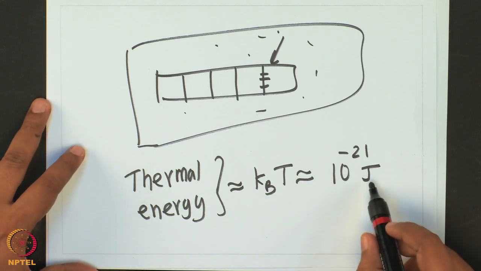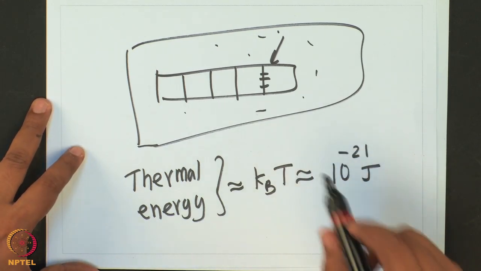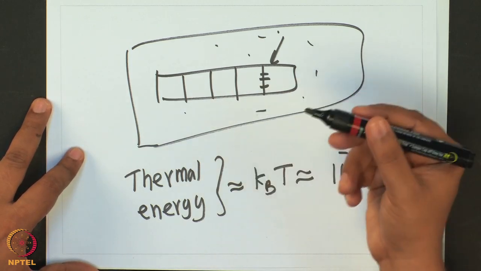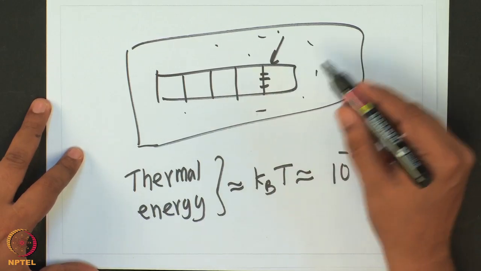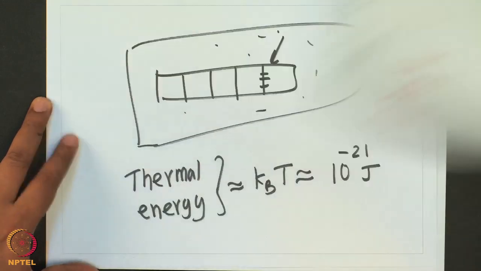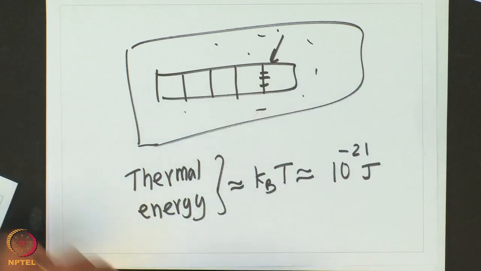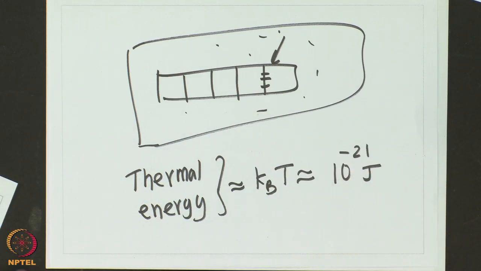If this 10 power minus 21 joule thermal energy is comparable to the bond energy, either the hydrogen bond energy in the DNA or the bond energy in these polymers, which is the energy of the kick of the water molecule, then these bonds can break, there can be depolymerization. This will lead to some kind of randomness.